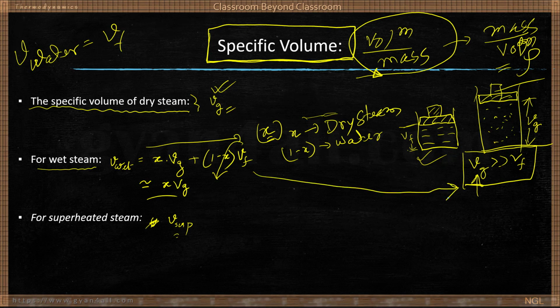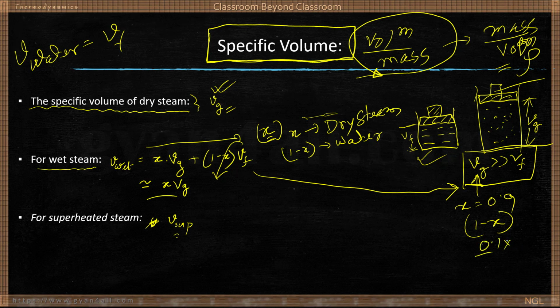For all practical purposes, compared to Vg, Vf is very small, and 1 minus X is also a small quantity, because if X equals 0.9, then 1 minus X equals 0.1.